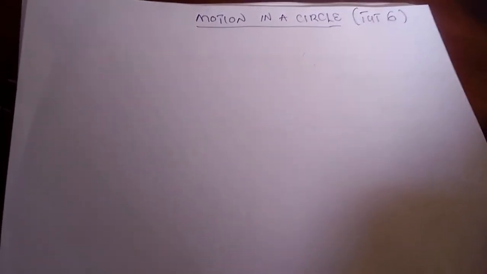Another example is the earth. Because the earth rotates, we are able to have days and nights. So it's important for us to understand the concepts of rotation and what it brings about.